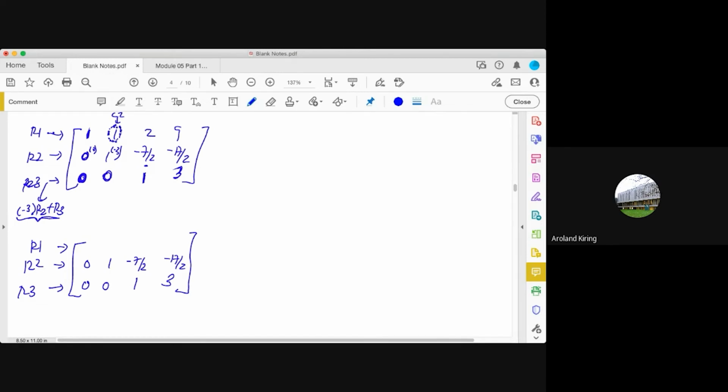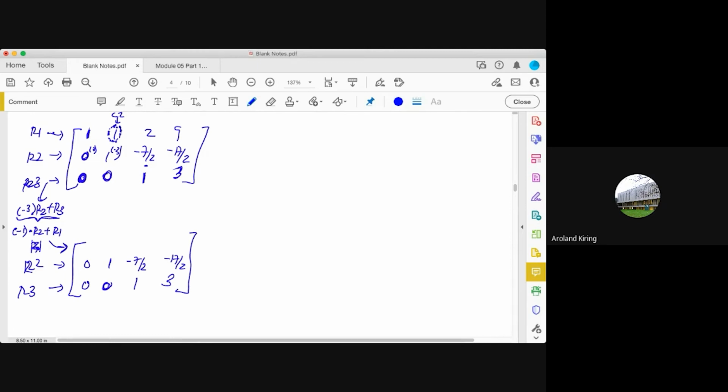So what we can do is add row 1 with row 2, isn't it? Because inside your row 3, you already got this 0, so you might not be able to change it to 1. So you need to use row 2. So for row 1, you add negative 1 multiplied by row 2 plus row 1.